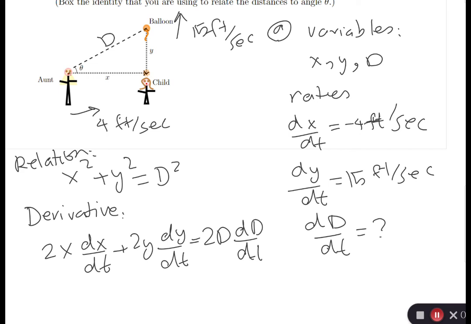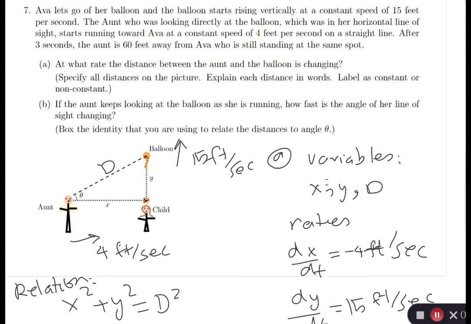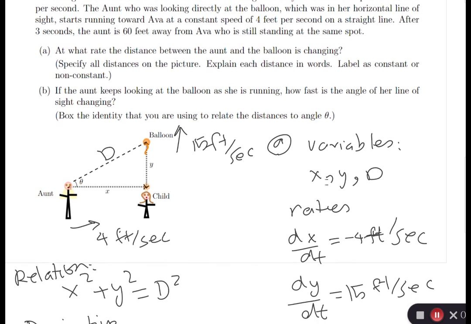Now we have to plug in whatever information we have. These 2 rates I know. I need to know x and y at that instance. The instance is given to be 3 seconds after the balloon starts rising, and the ant is at 60 feet.